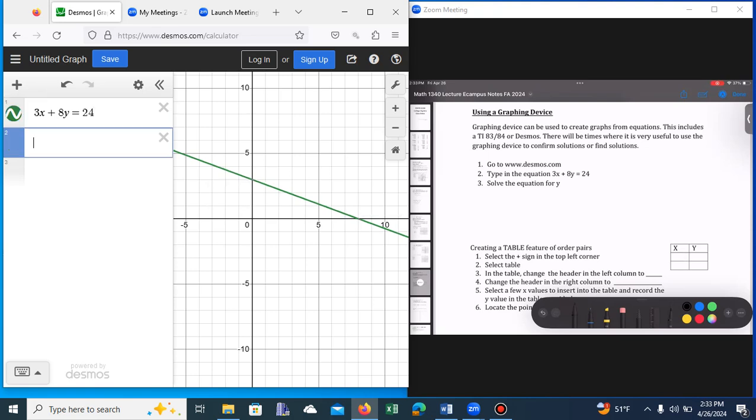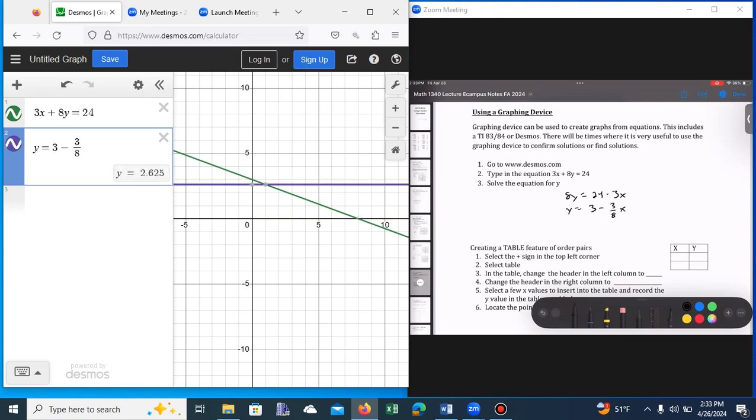But if we solve for y, 8y equals 24 minus 3x, y equals 3 minus 3/8 x, you can type it in that way as well. You're going to see it's the same line. Just make sure you type it in right. The blue line and green line match up.